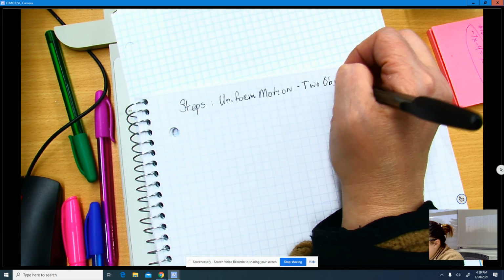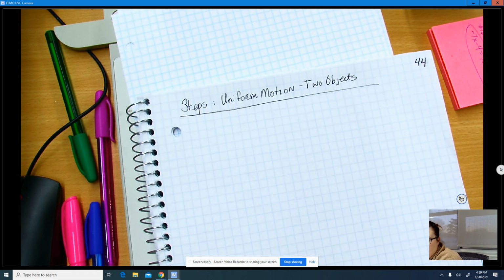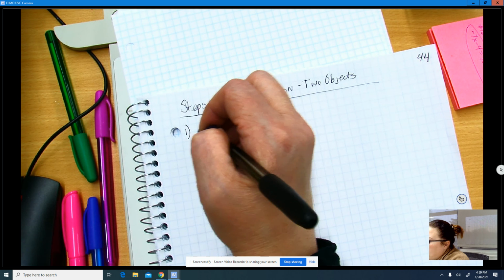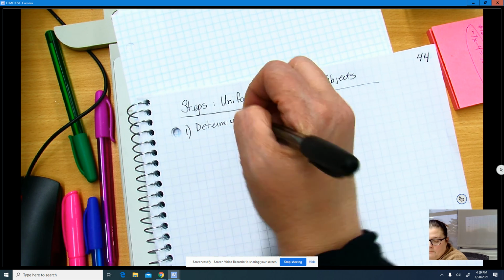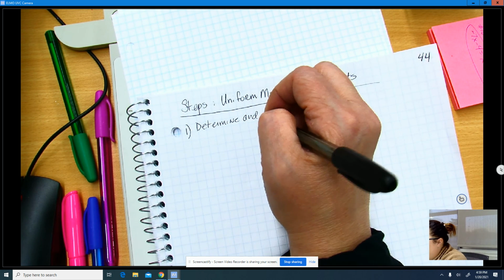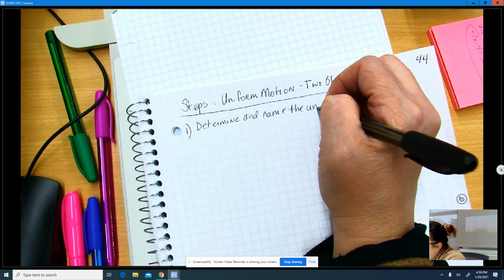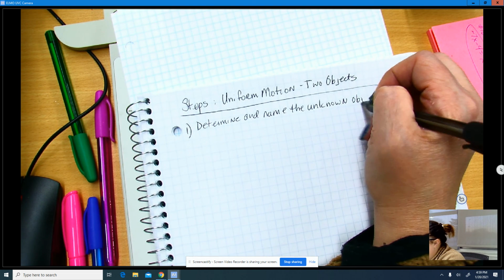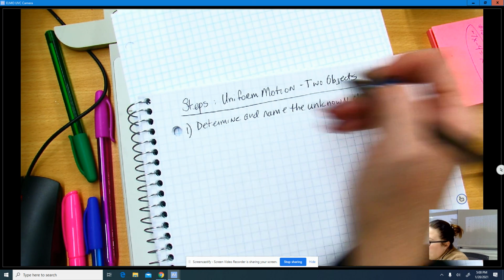And this is going to be really similar to the steps we took when we were doing a weighted average or a weighted mixture. So number 1, determine and name the unknown object with a variable.